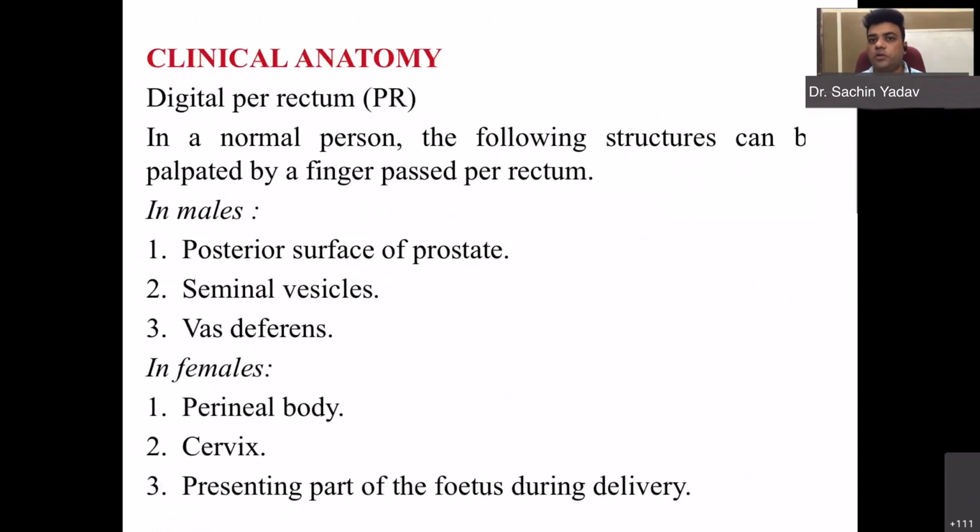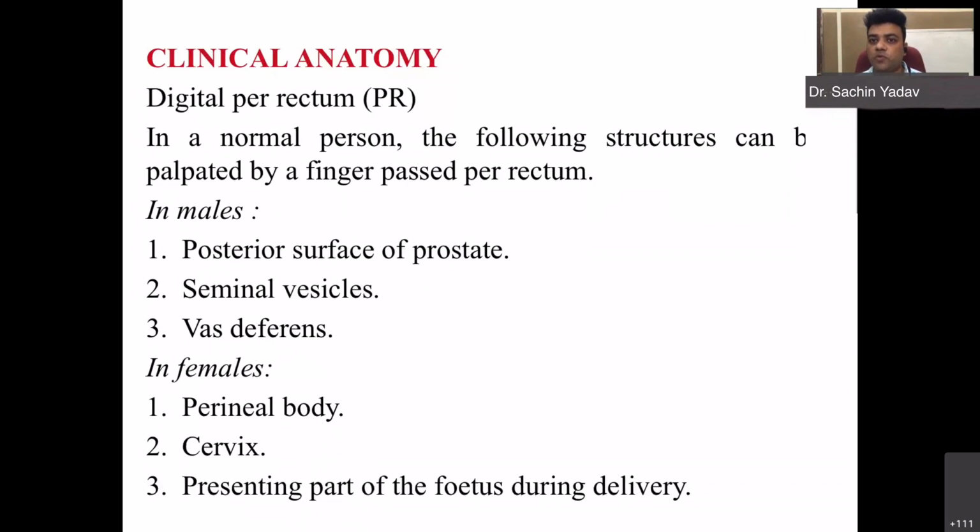So, applied aspect: digital PR, that is per rectum examination. In a normal person, the following structures can be palpated through per rectal examination. In male, we can palpate the posterior surface of the prostate gland, I already told you in the prostate PPT, the seminal vesicles and the vas deferens.